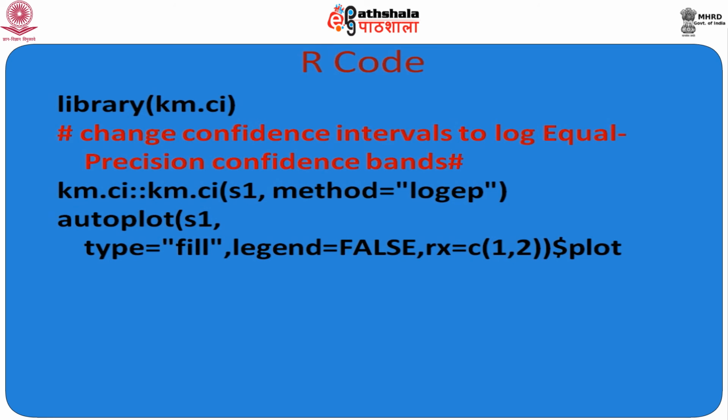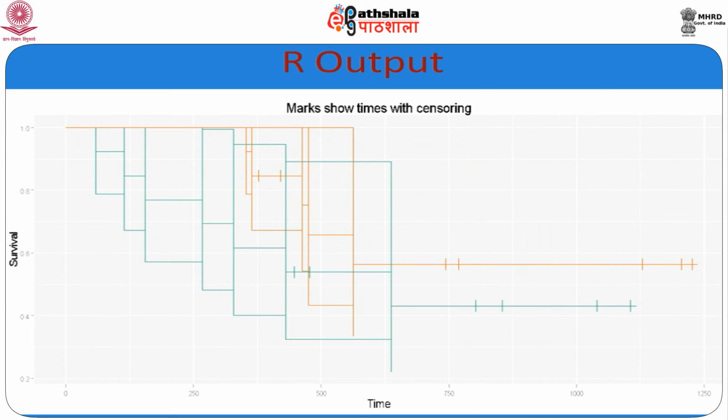Here we are plotting that curve with KM.CI, and the curve is like this, where the y axis gives the survival probability and the x axis gives the time, with censoring observations marked with different colors. Since we have two treatment groups, they are shown in blue and brown, and the censoring observations are given by the cross marks.